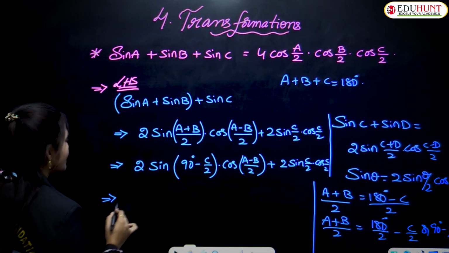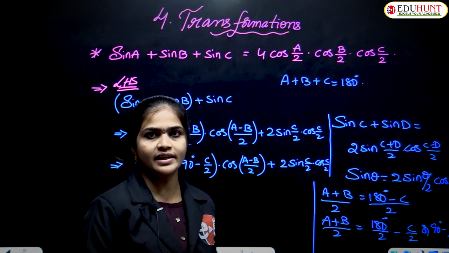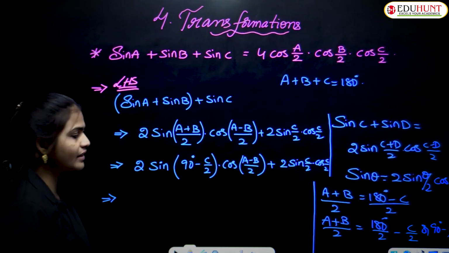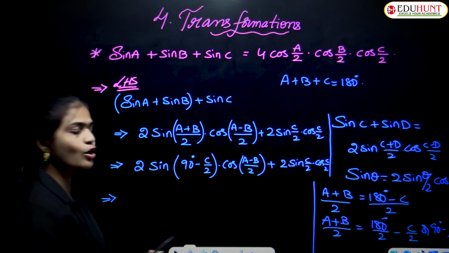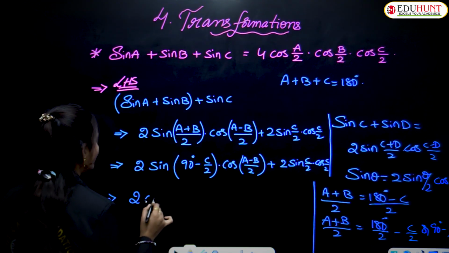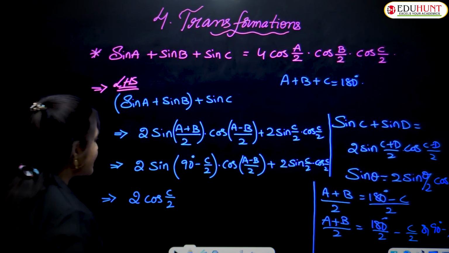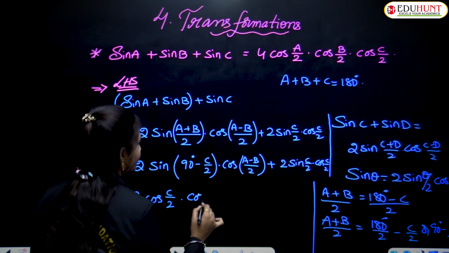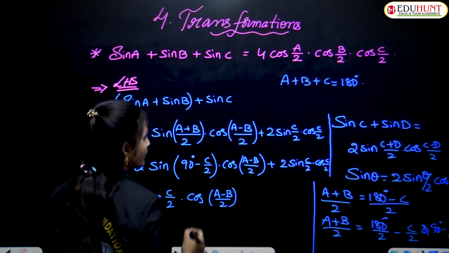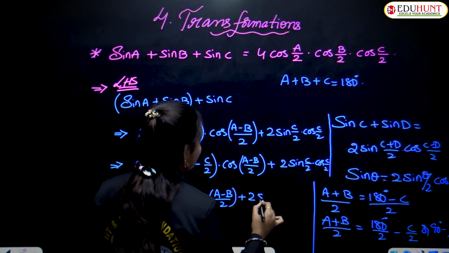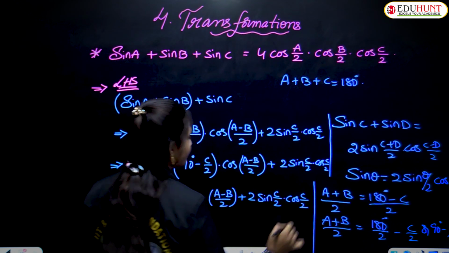For 2 sin of (90 minus theta), 90 minus theta means the first quadrant, and in the first quadrant all the trigonometric ratios are positive. And since 90 is there, sin becomes cos. So 2 cos of C by 2 into cos of (A minus B) by 2, plus 2 sin C by 2 cos C by 2.